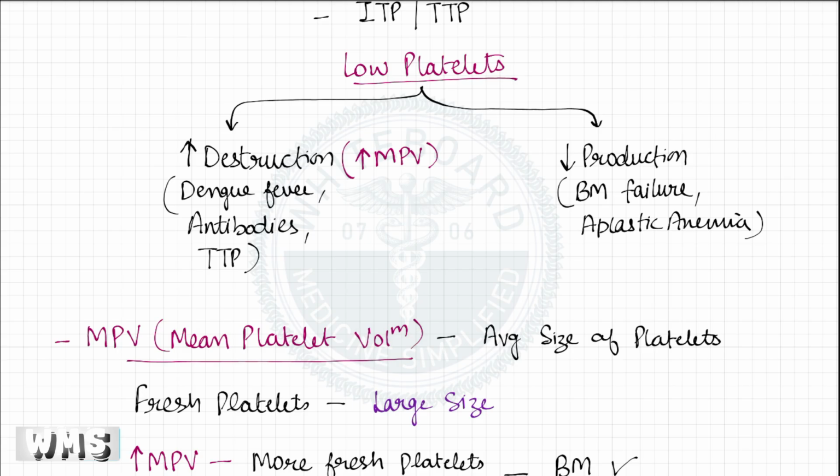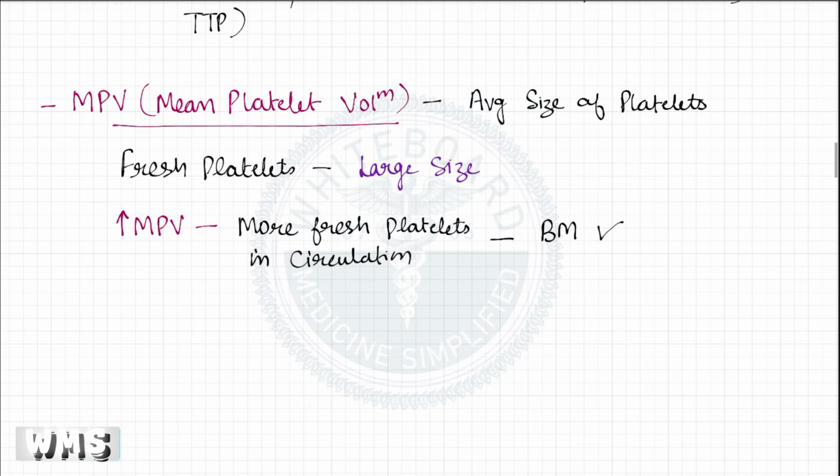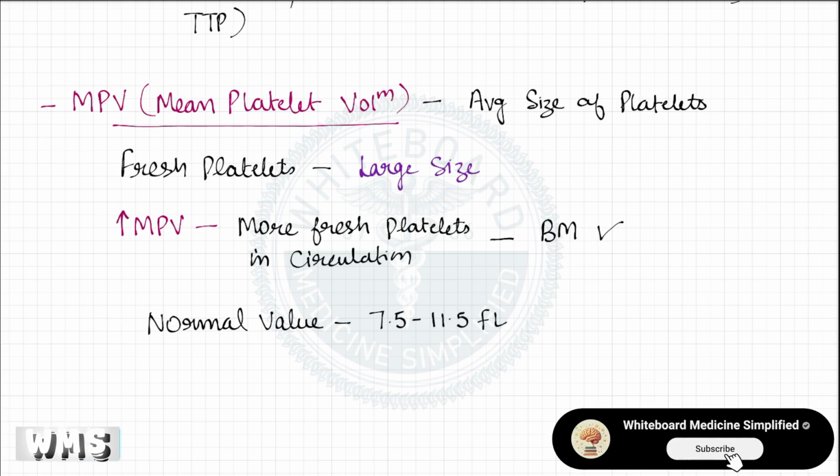And if there is bone marrow failure, the MPV is less, that is, fewer fresh platelets in the circulation. This simple parameter helps us avoid unnecessary invasive tests like bone marrow aspiration. The normal value of MPV is 7.5 to 11.5 femtoliters.